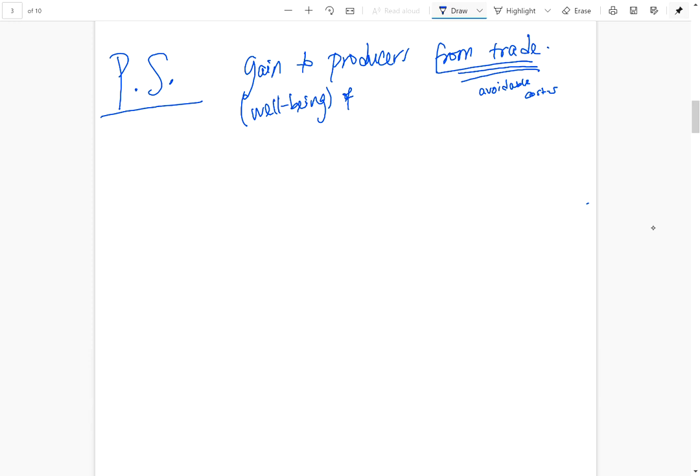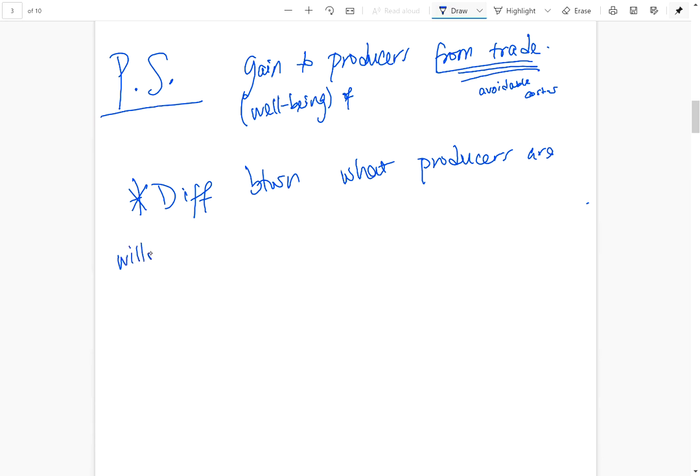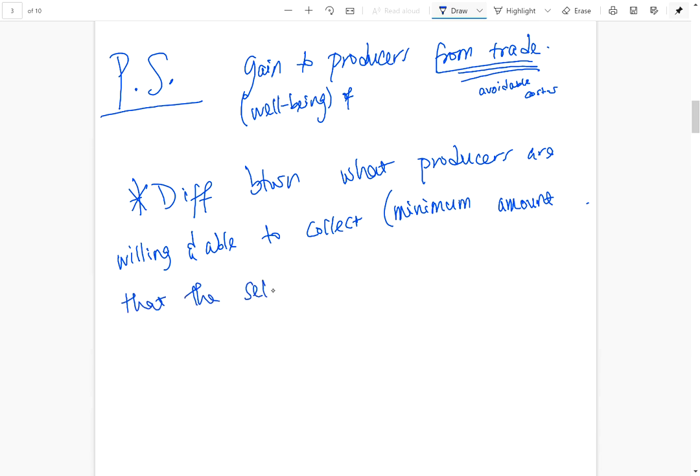If producer surplus is the difference between what producers are willing and able to collect, in other words, this is the minimum they will accept, the minimum amount that the seller producer must receive.